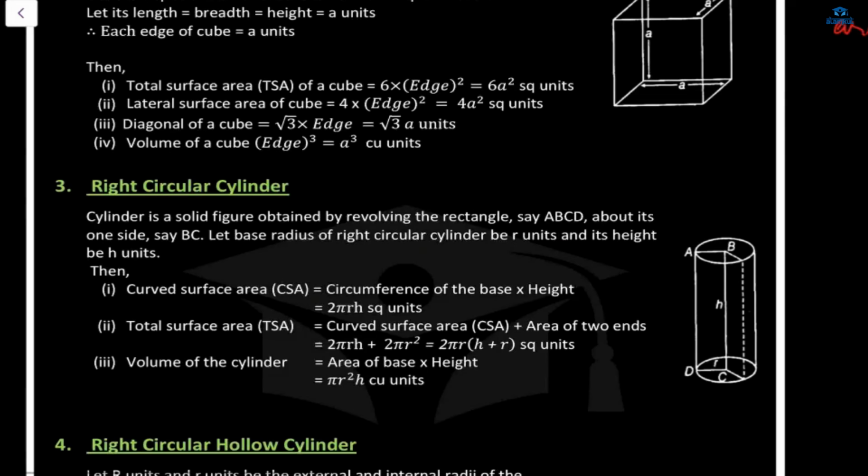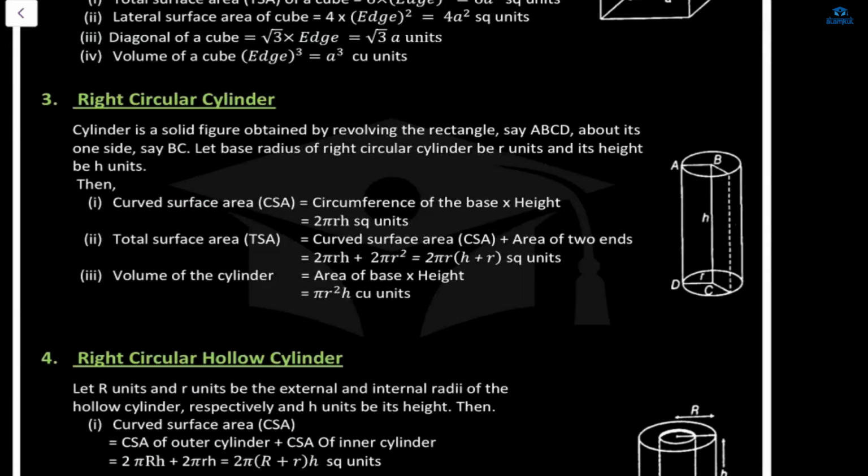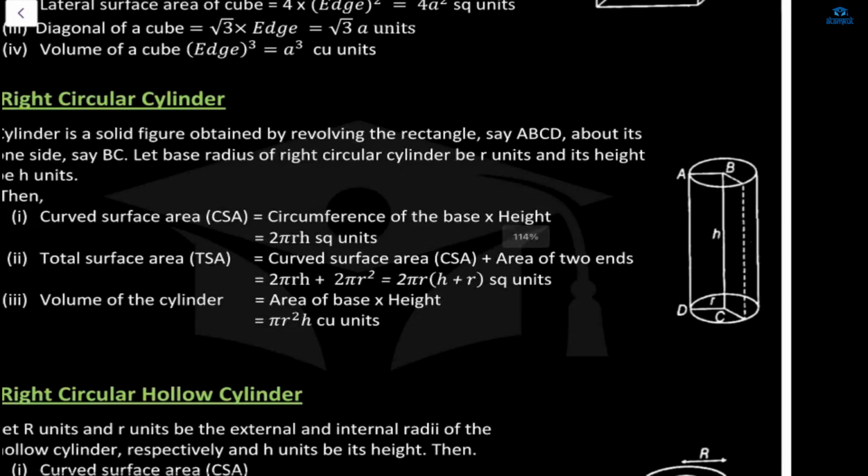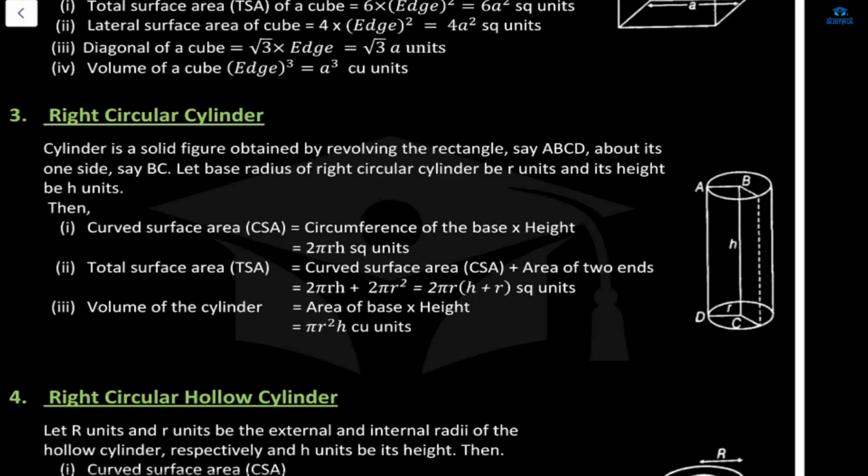Now comes the right circular cylinder. As you can see in the figure, first read this definition. A cylinder is a solid figure obtained by revolving a rectangle, as I said in the starting.